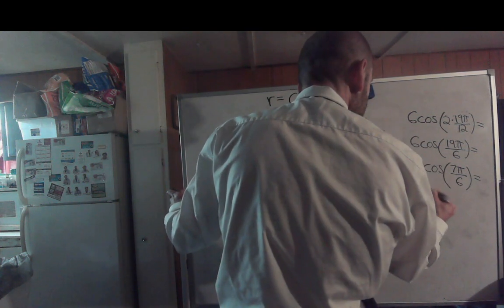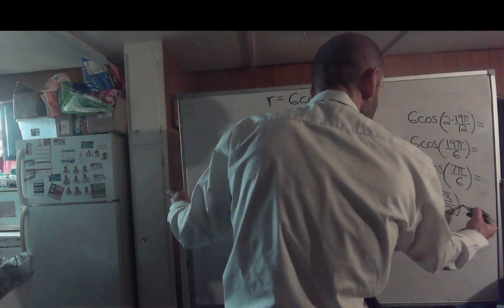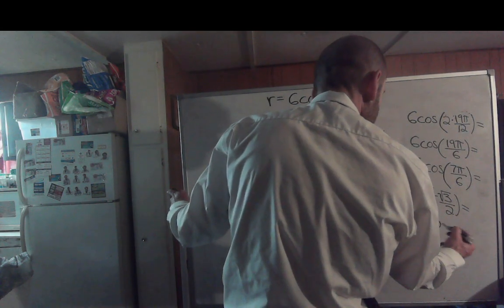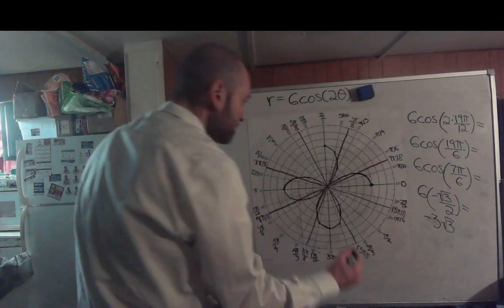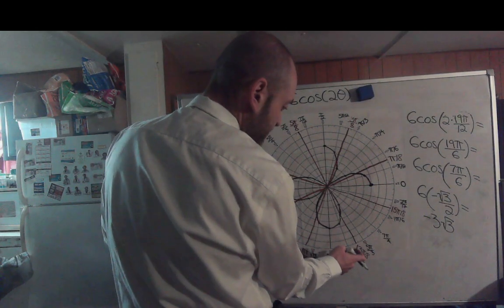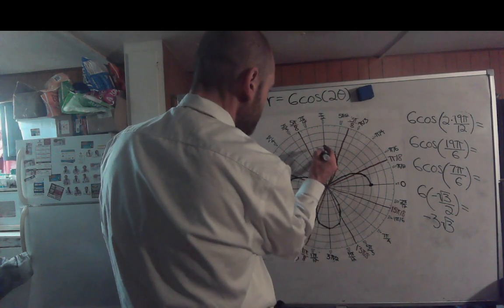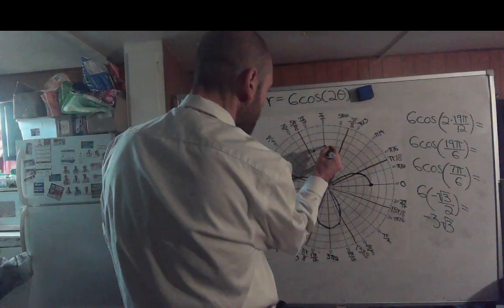Which would give me 6 times negative square root of 3 over 2, which would be negative 3 times the square root of 3, which should put me, if I go negative on the 19 pi over 12, I'll actually end up then on the 7 pi over 12. That would put me about right there.